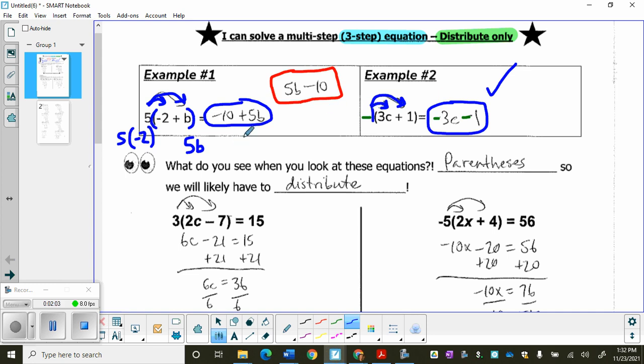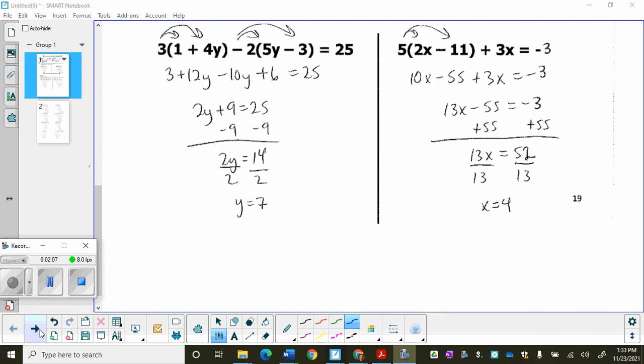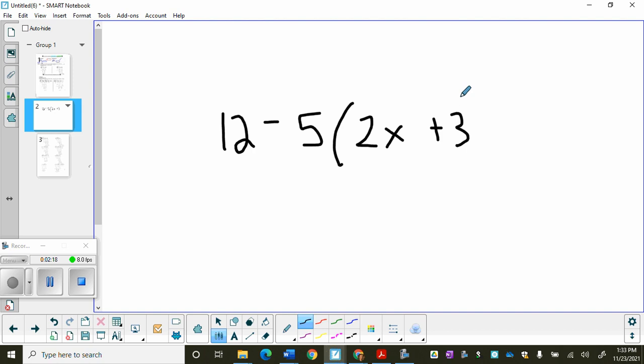Another thing that I want to mention real quick, actually, let me just get a new page for this. If you guys see something like this, 12 minus 5 times 2x plus 3. Okay, let's just review real quick that in this problem, the -5 is what gets distributed.